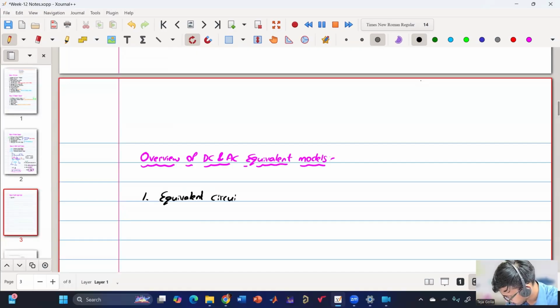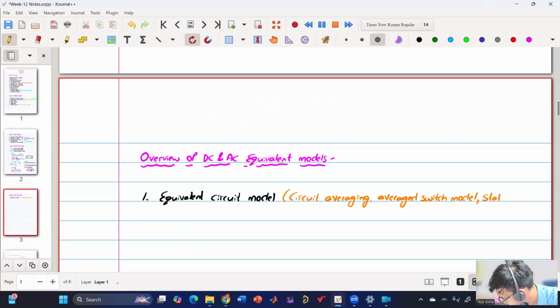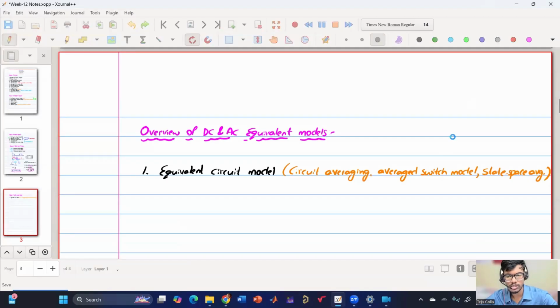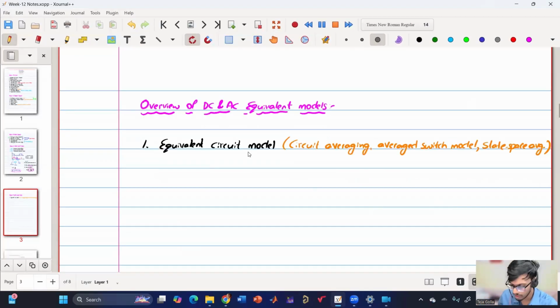We have used different techniques for the same: circuit averaging, the average switch model, and also state space averaging. So we learned about three different techniques to get the equivalent circuit model. From there, we got the DC equivalent model.